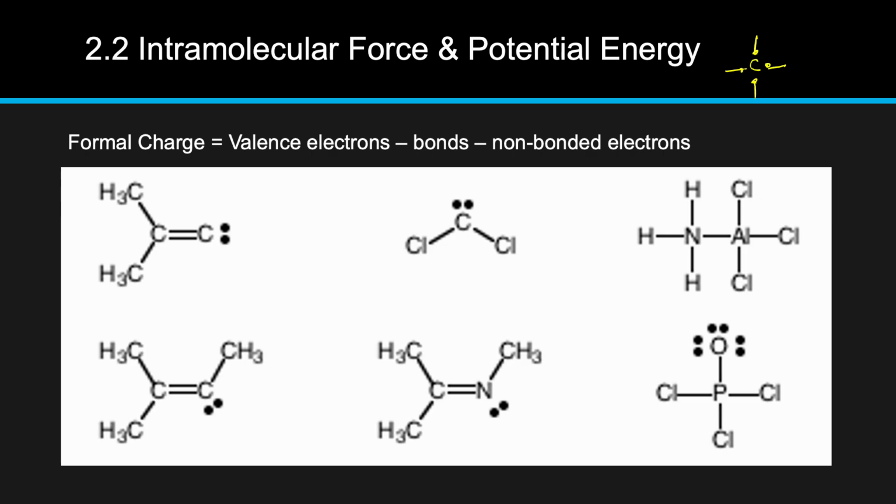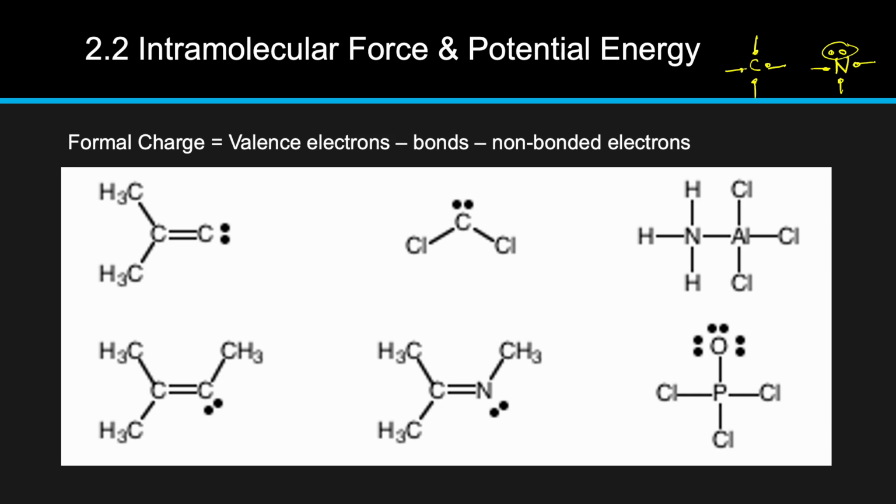So when you are looking at carbon atoms and it doesn't look like that, you need to calculate the formal charge. Then with our group 15 elements like nitrogen, those have 5 valence electrons, which means in a perfect world, they have 1 lone pair and 3 bonds to become stable. So again, if you're looking at a nitrogen, it does not have a lone pair and 3 bonds, you need to calculate its formal charge.